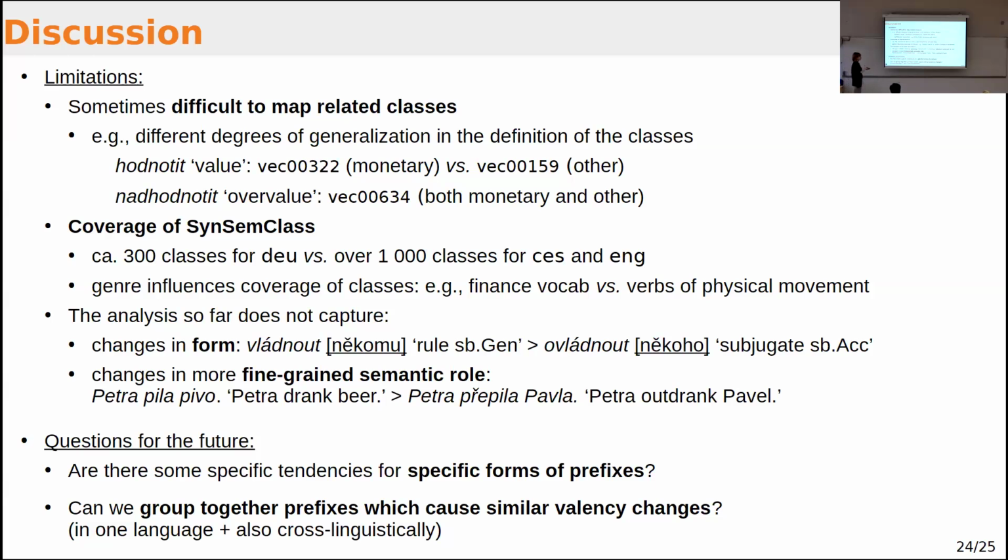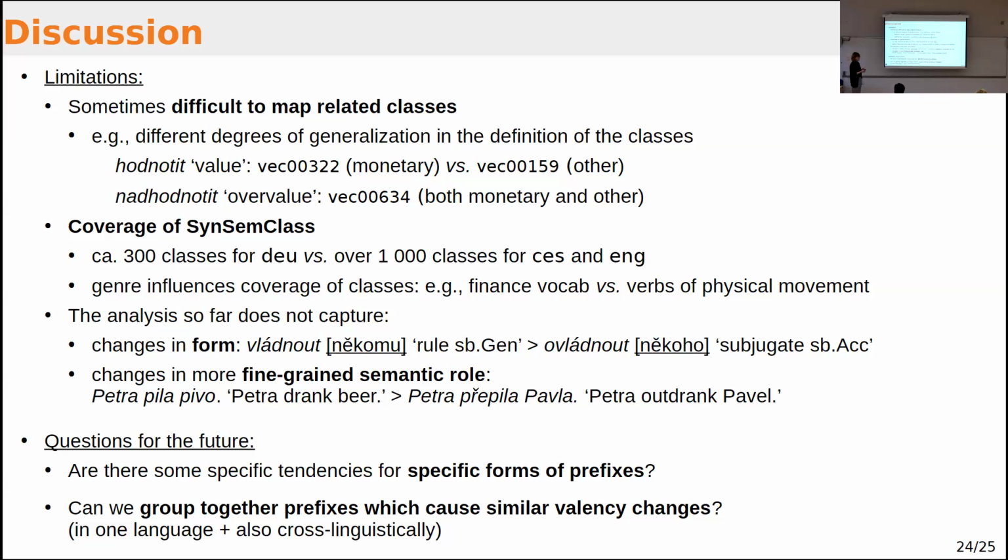The genre influences the coverage of the classes as well, the genre of the texts that were used to build SynSemClass. So because at least part of SynSemClass was built using Wall Street Journal, the sort of classes having to do with finance vocabulary are very well covered.